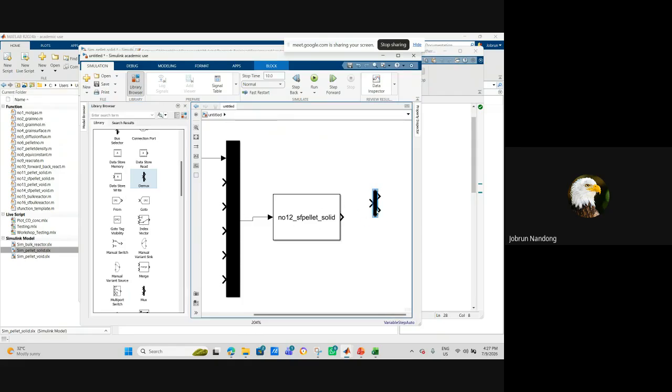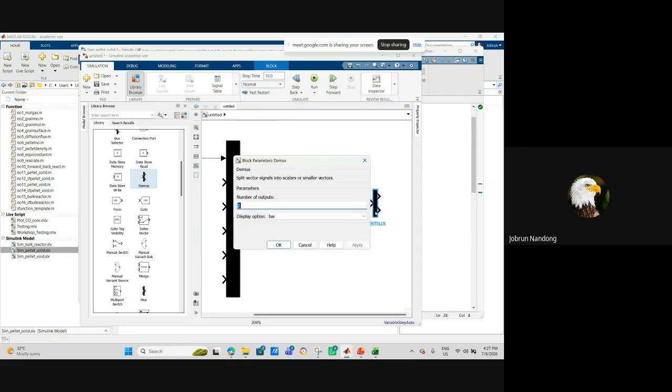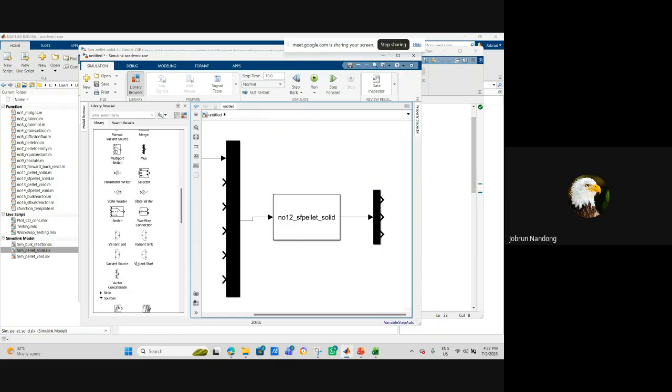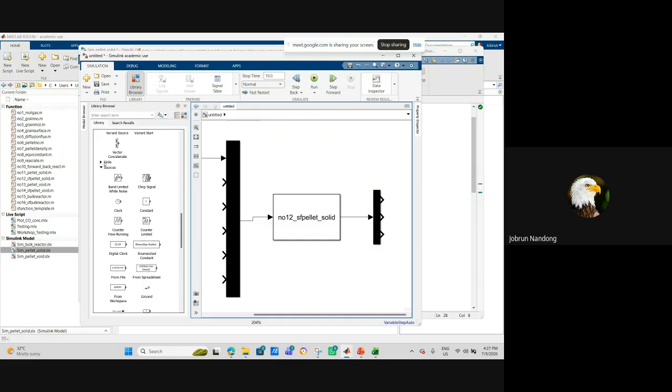How many outputs do you have? You have three. So double click on this and change the number of outputs to three. I think most of you know that already. Then you can connect this one. Now to view what is leaving this one, you go to sink.